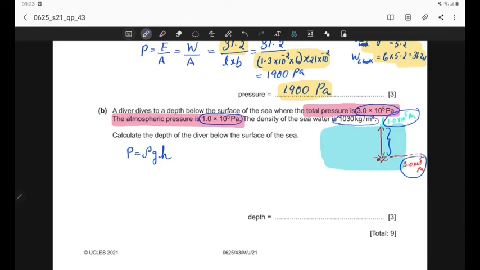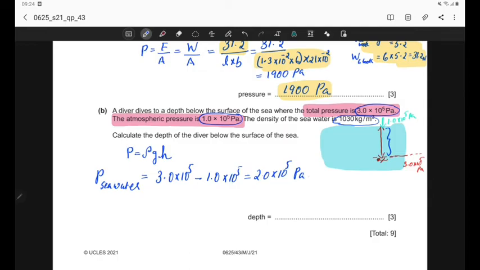Then only we will get the pressure due to seawater. So we can calculate that first. Pressure due to seawater will be the total pressure at this depth, that is the pressure of the seawater plus atmospheric pressure. So that is 3 into 10 to the power 5 minus the atmospheric pressure. So we will get 2.